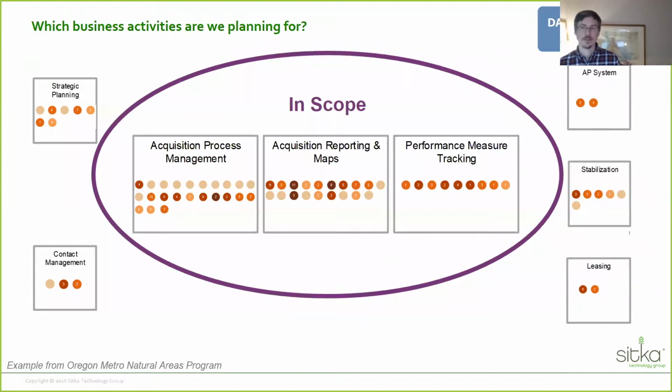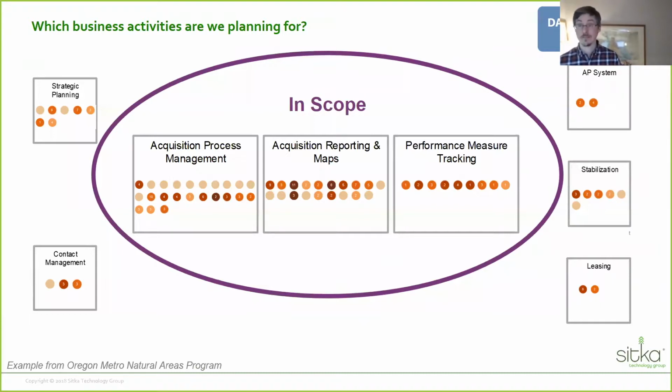The trick here is if you set your scope too narrowly, improvements can be difficult to find. So if we just circled, say, one of these squares and said we were just going to focus on one of these things, we might not be able to find a lot of improvements. If you set the scope too broadly here, you'll soon feel like you're trying to boil the ocean and you have everybody in your organization to go talk to figure this out.